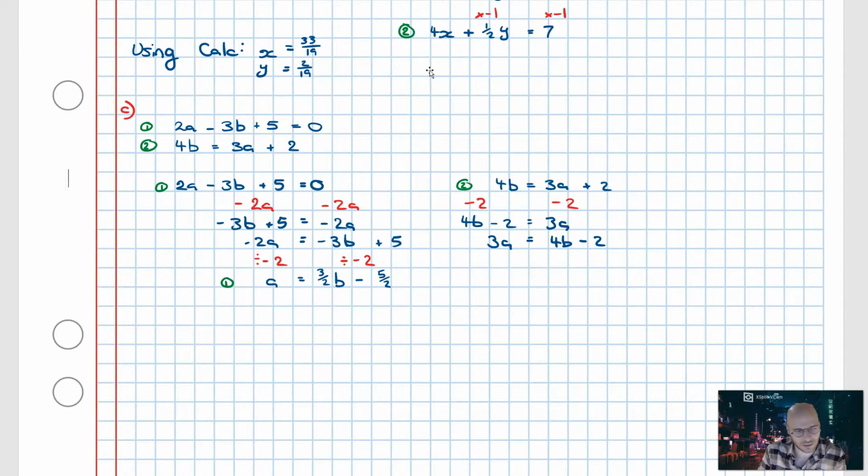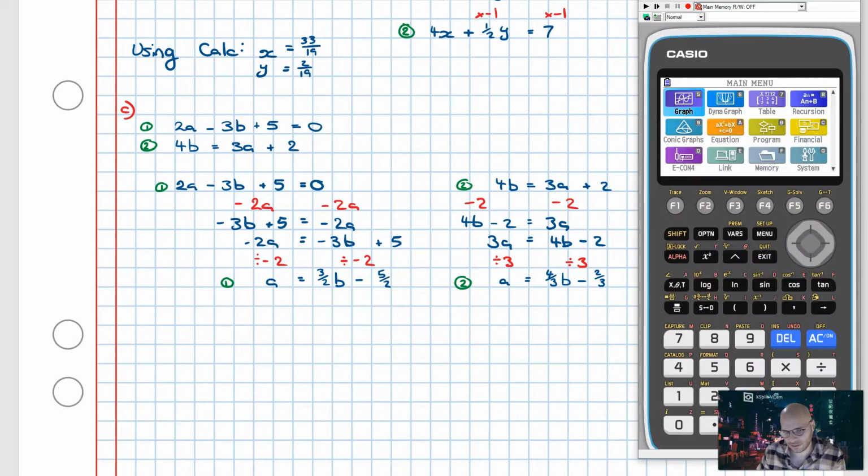And then dividing both sides by 3. We're going to get a is equal to 4 over 3 b minus 2 over 3. So this is equation 2.